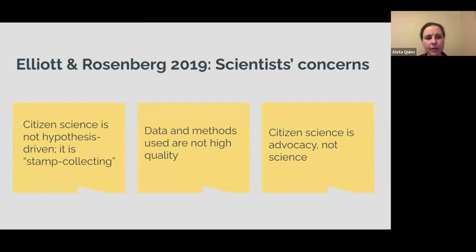First, there was a concern that community science is not hypothesis-driven, it is stamp collecting. So as someone who, in my career, has worked on taxonomy at great length, this is quite interesting to me. And I'll just suggest briefly that you can hear the echo of the hypothetico-deductive model as the standard for all science here, I think. And I believe Elliott and Rosenberg analyze each of these concerns quite well. It's a great little paper.